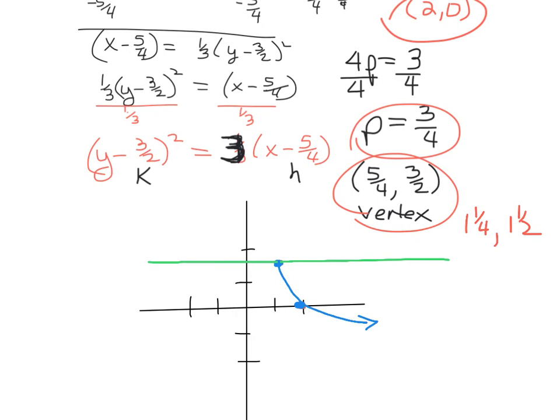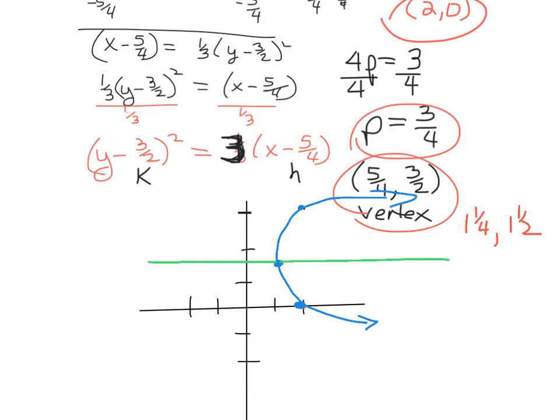So now to get the other point, I'm going to go 1 1/2 up this way. So I can say that the other point might be about, let me go blue, and might look something like that. So that would be your parabola.